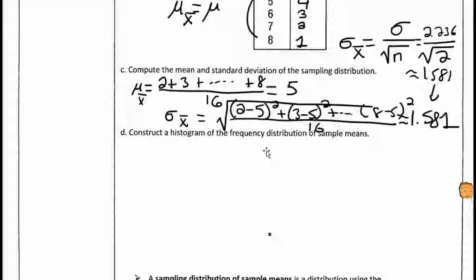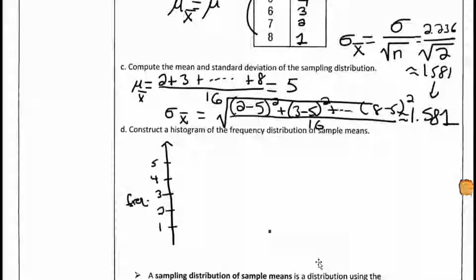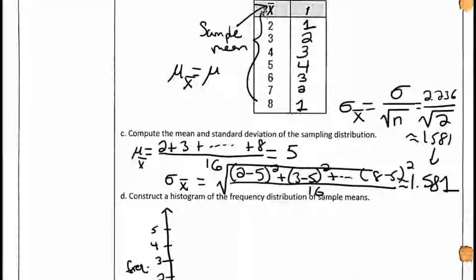All right, so we're going to graph frequency versus the sample mean. I'm going to go all the way up to 5 because the highest frequency that I have is 4, so I should be covered. And then I'm going to include all of these x bars from 2 through 8.